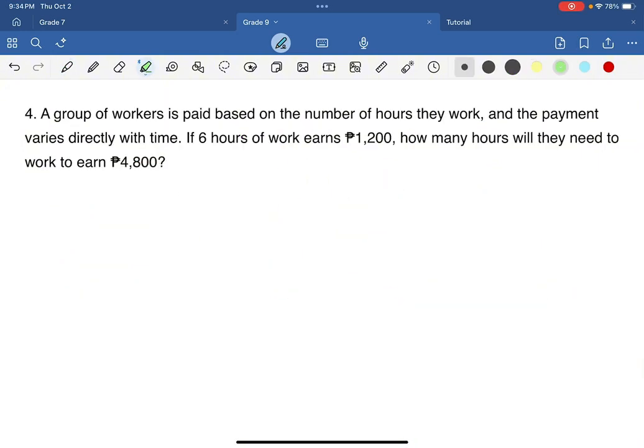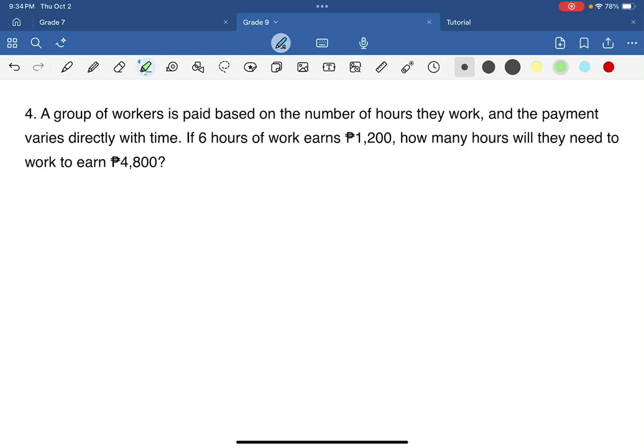Problem number 4. A group of workers is paid based on the number of hours they work, and the payment varies directly with time. If 6 hours of work earns 1,200 pesos, how many hours will they need to work to earn 4,800? Now, based on this, we are given the independent and dependent variables.